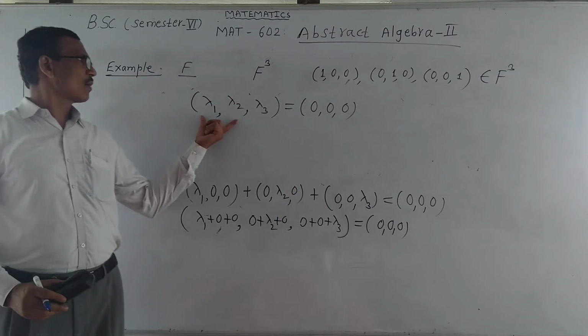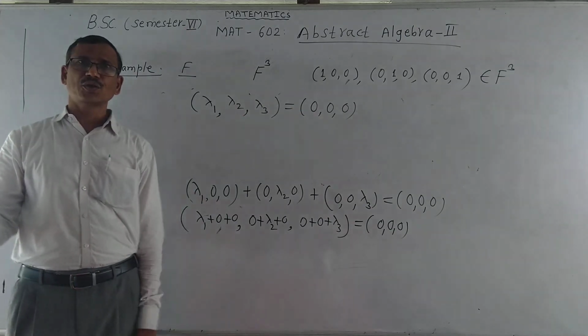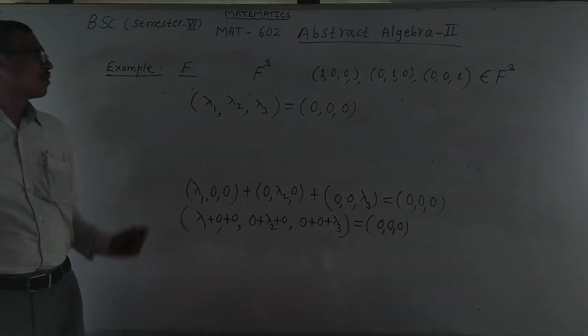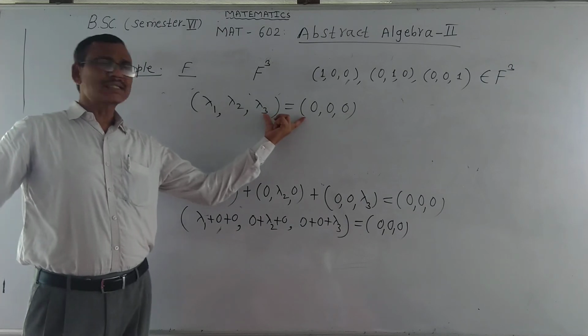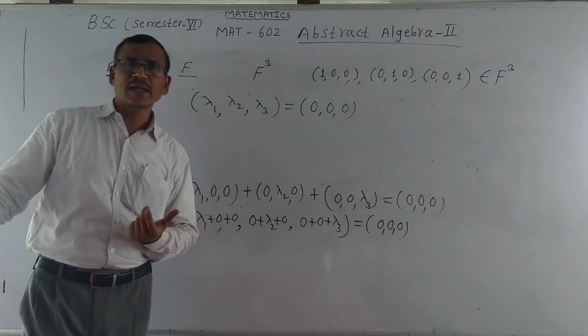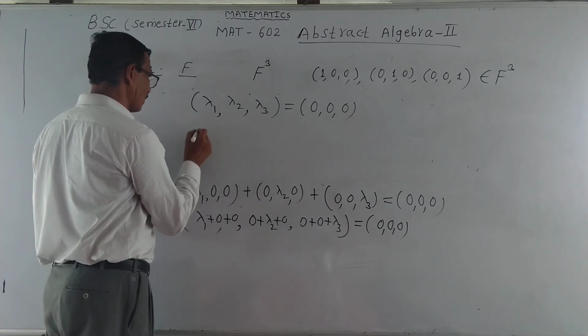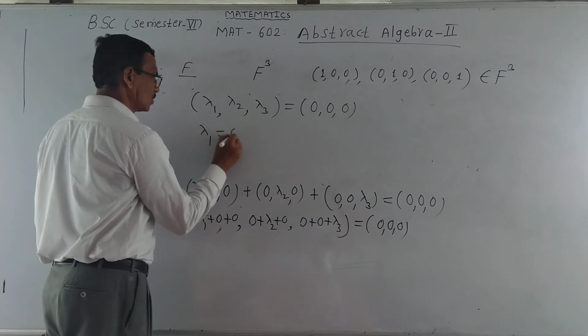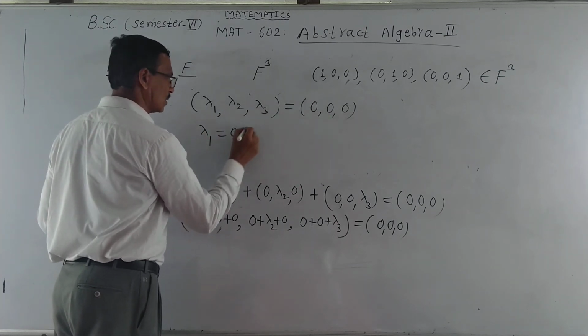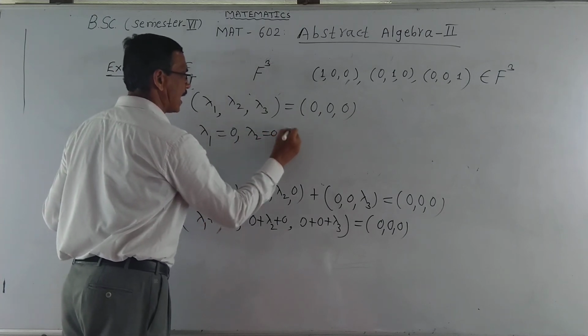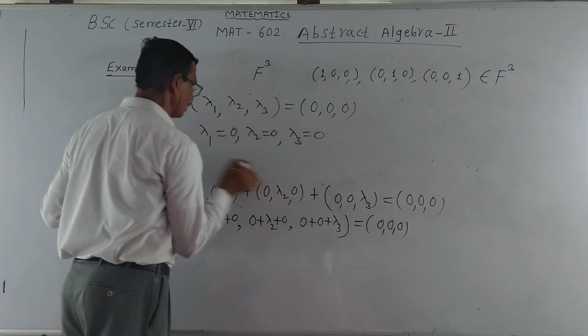Now we get the vector (lambda 1, lambda 2, lambda 3) equal to the vector (0, 0, 0). Now these two vectors are equal. That means by the definition of equality of two vectors, we must have lambda 1 equals 0, lambda 2 also equals 0, and lambda 3 also equals 0.